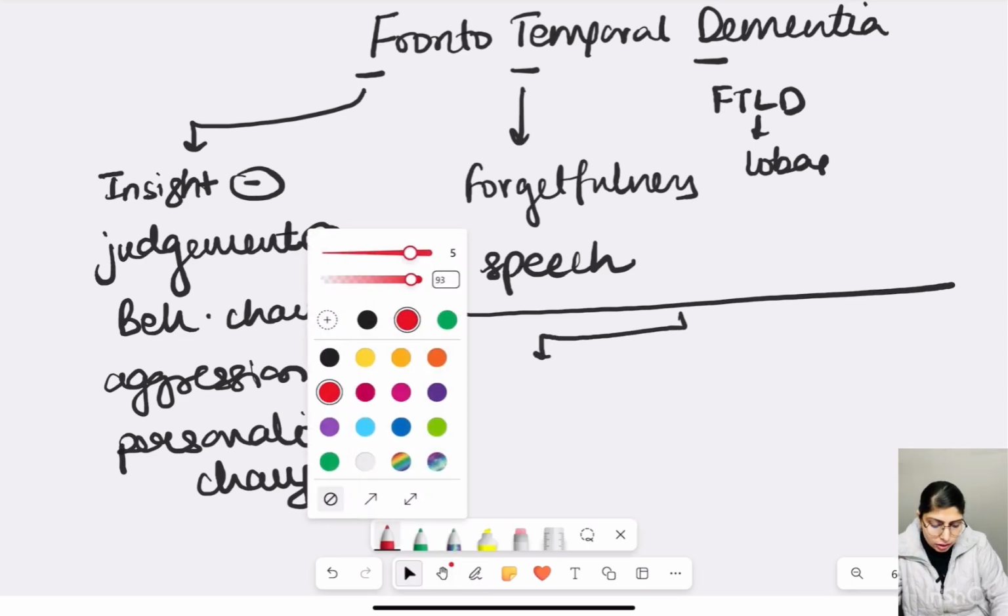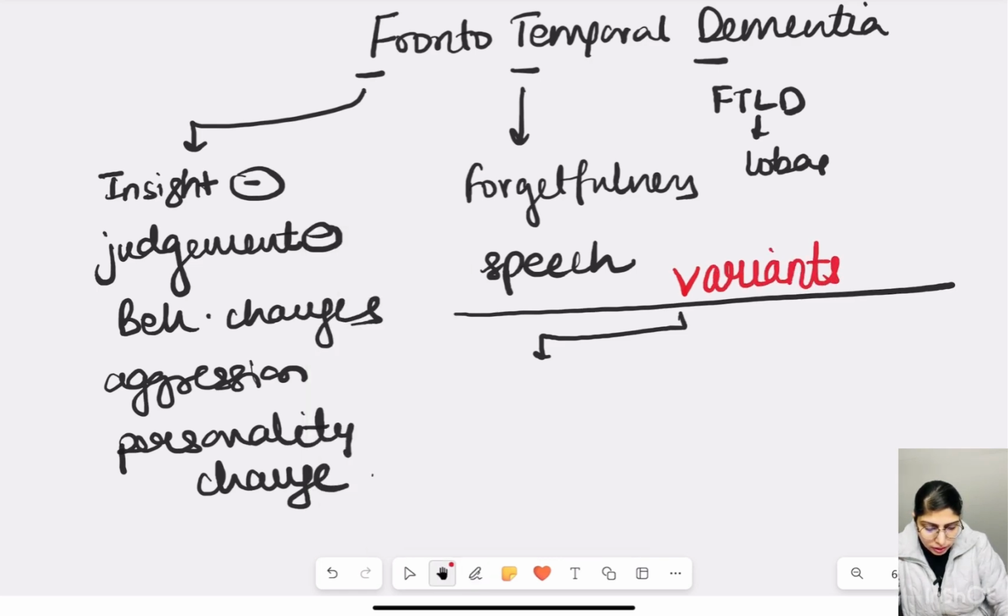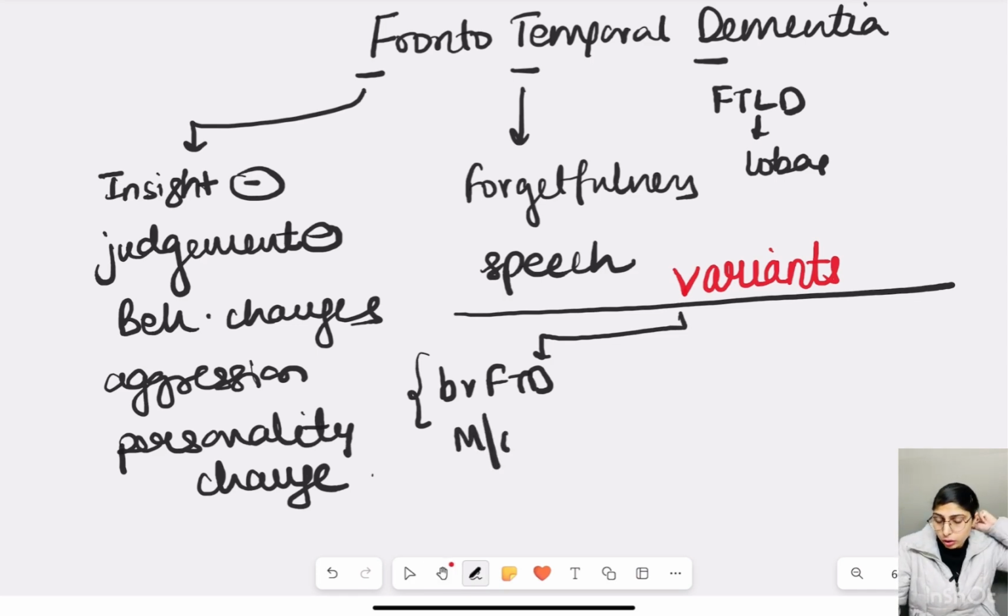So what are the variants of FTD? One is the behavioral variant of FTD, जिसके बारे में हमने अभी बात की, which we just talked about. The behavioral variant of FTD is the most common type of FTD.